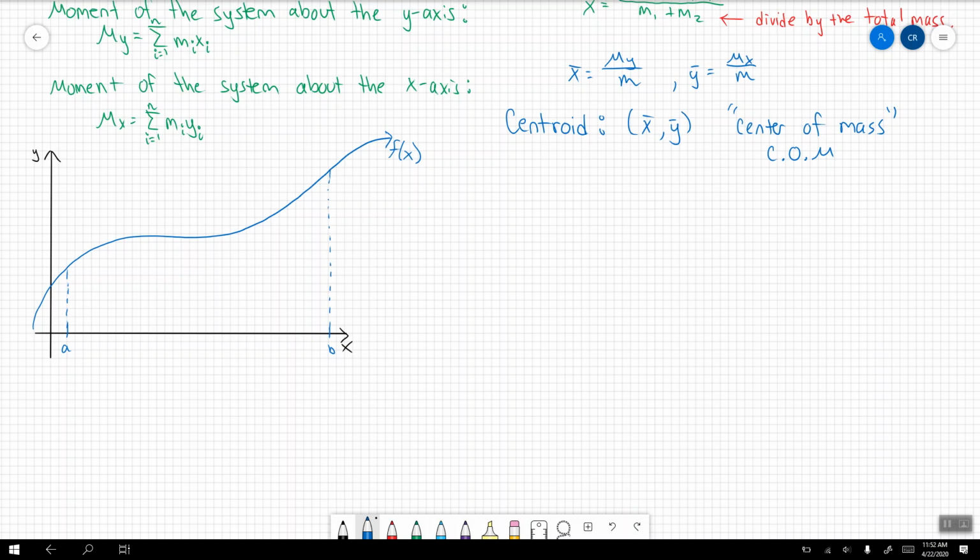The mass of the object we can find rather straightforwardly.